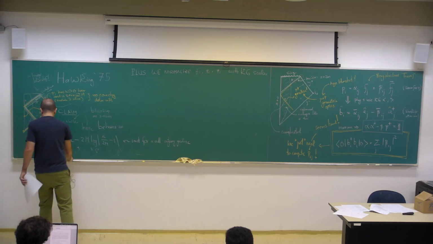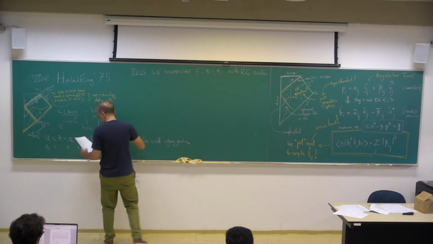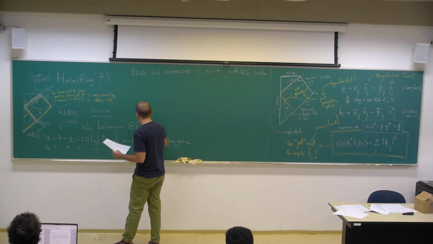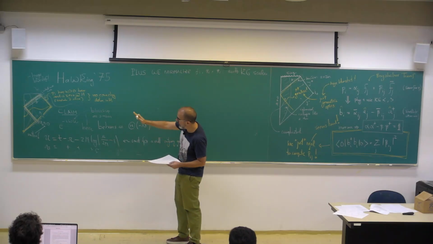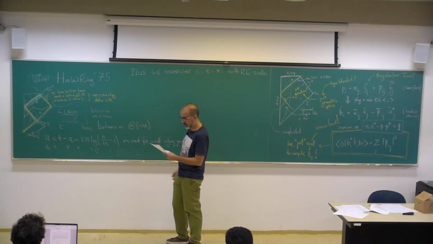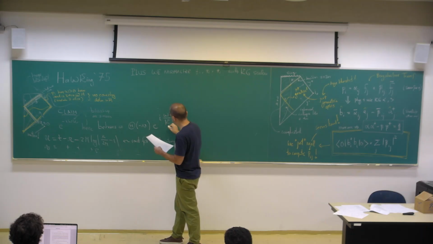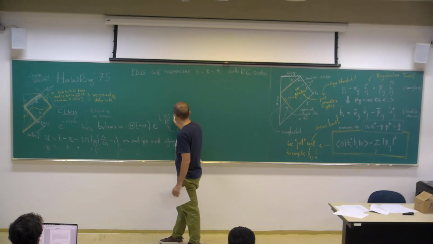And the claim is that they behave as follows. They behave as a step function of minus v, because there's nothing after v equals 0. Right? And then exponential of i omega over this surface gravity kappa, 1 over 4m, times log of minus v.